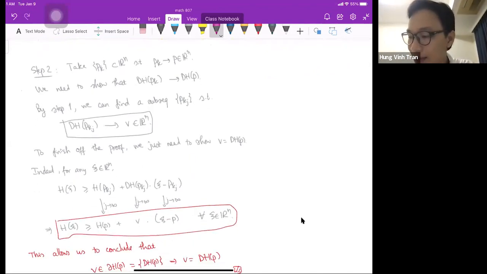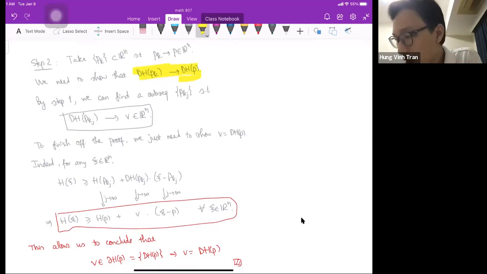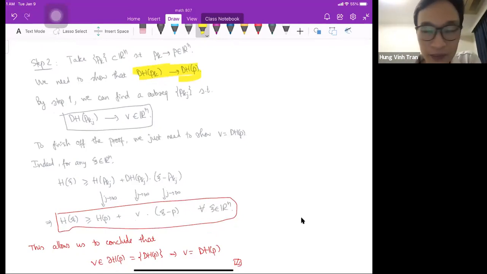The second thing, as I said, we have to prove that dH(p_k) converges to dH(p). You don't have to prove this is true for the whole sequence. We already showed that this is bounded, because p_k converges, so it's bounded.